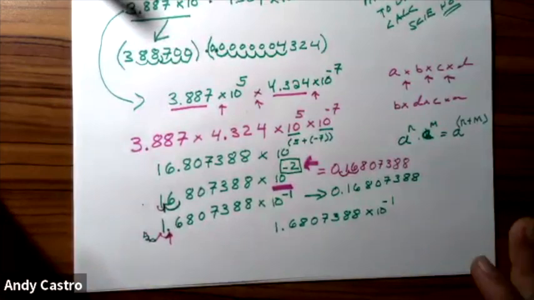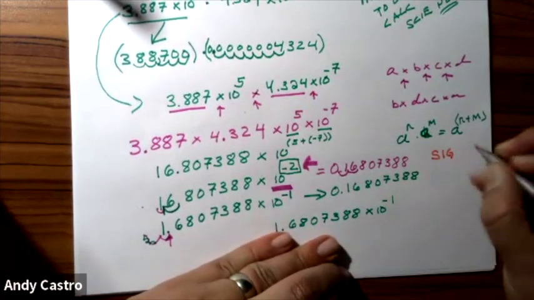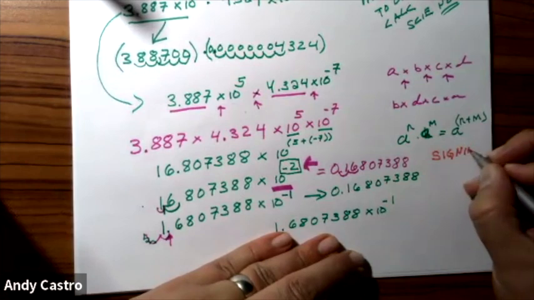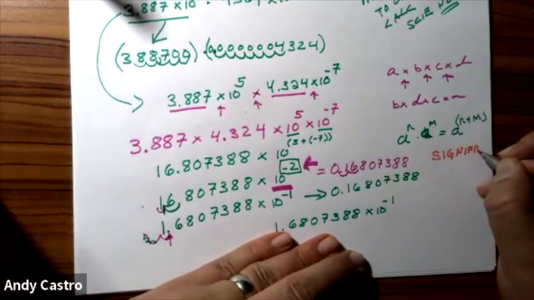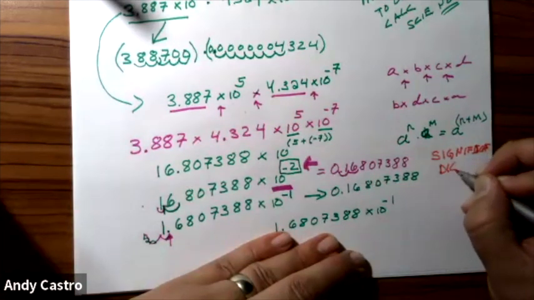All right, but we're still not done. The next concept that we need to talk about is what is known as significant figures or significant digits. We'll just call them digits.